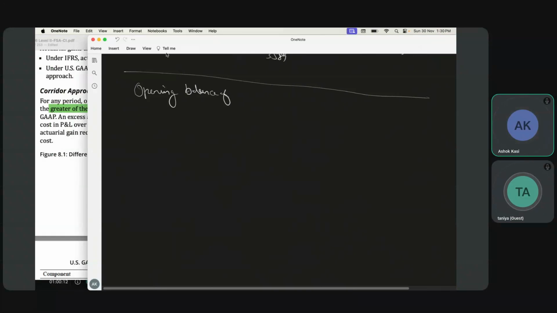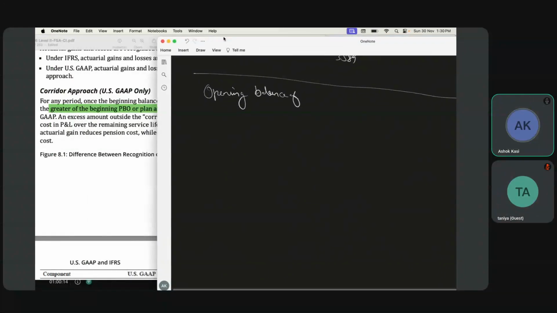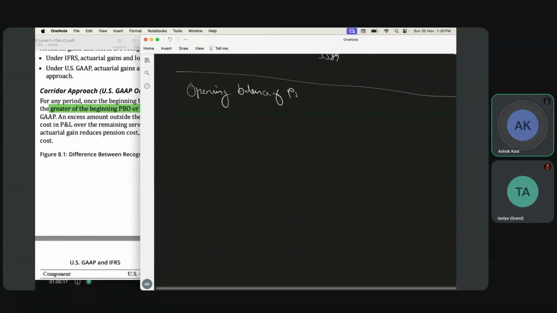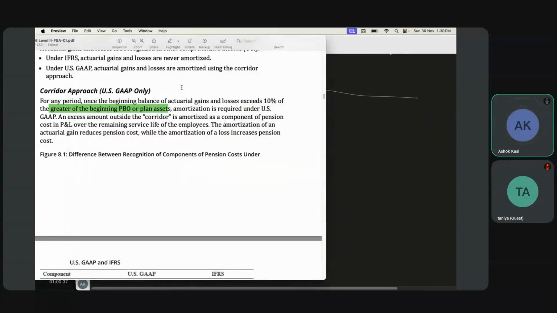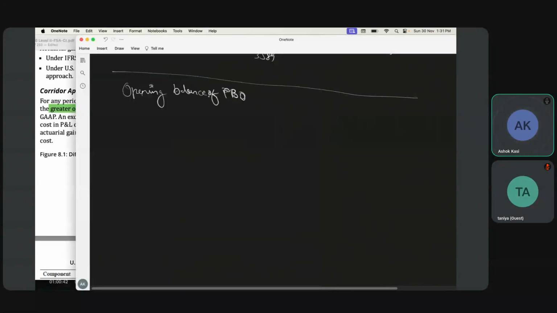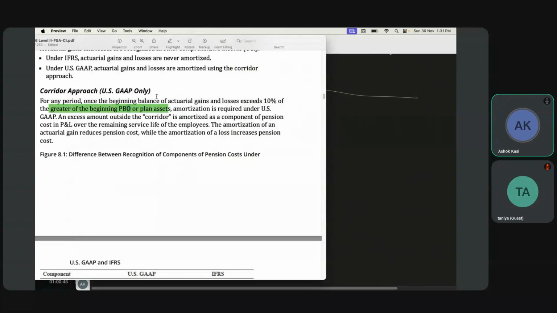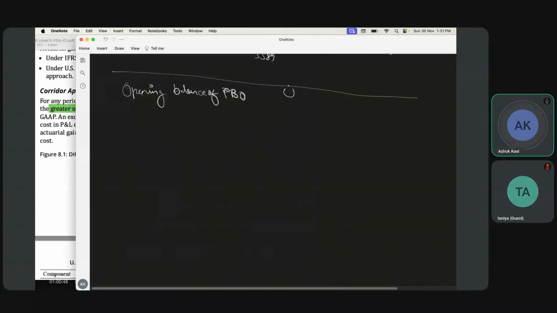Opening balance of PBO, opening PBO and opening plan assets.